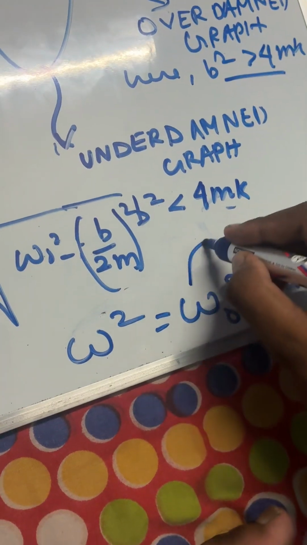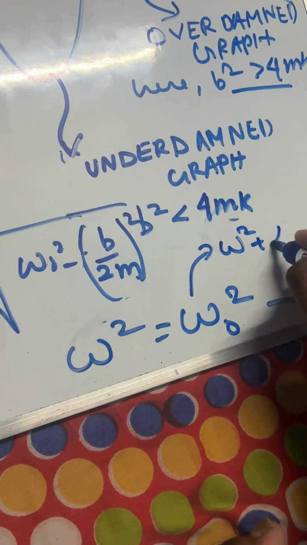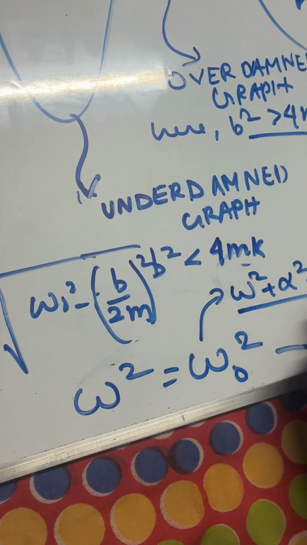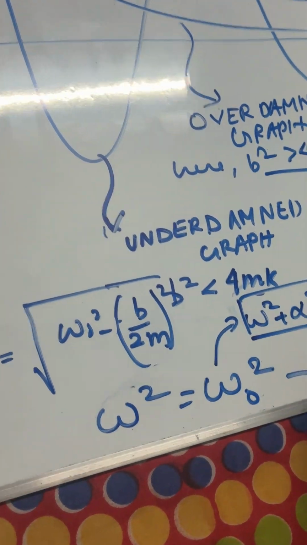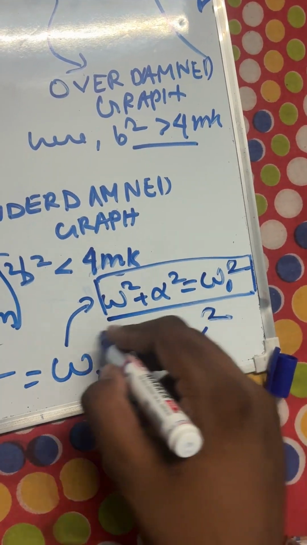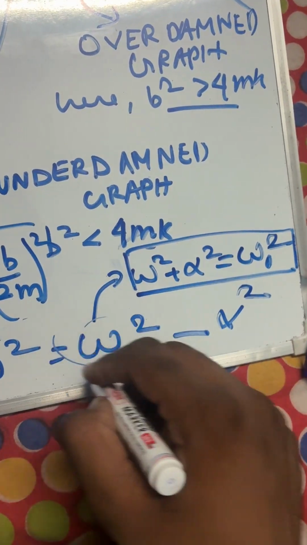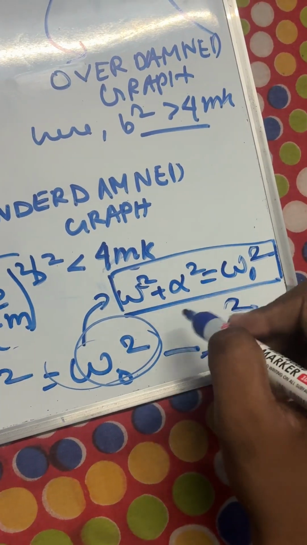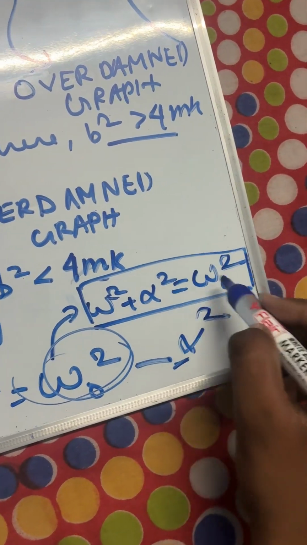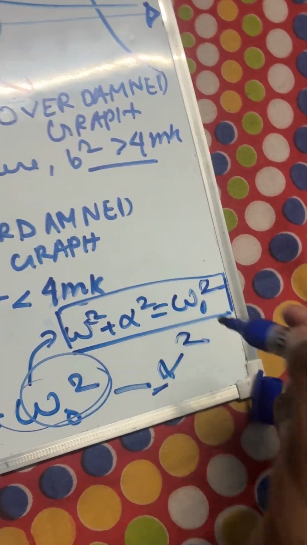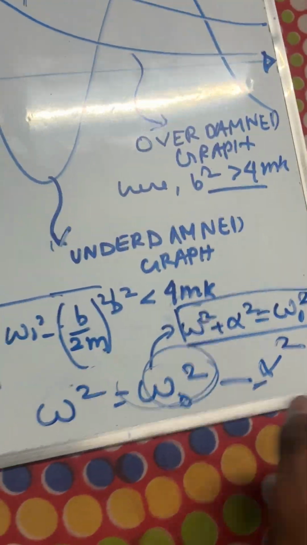So omega squared plus alpha squared equals omega naught squared. Damping reduces the angular frequency, so the final angular frequency will be reduced by the alpha term.